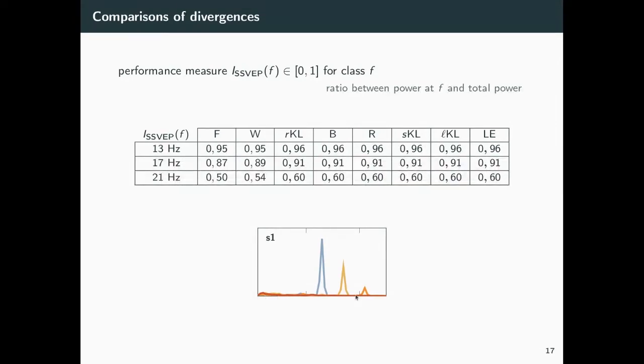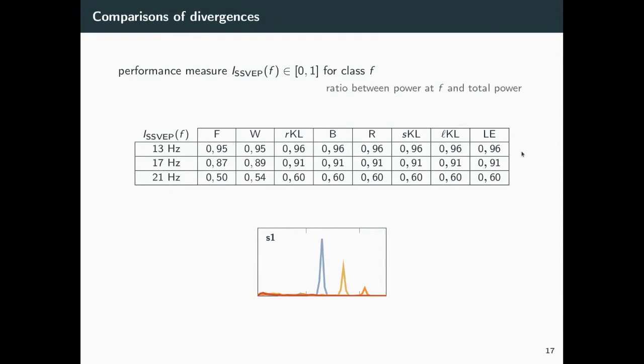What we can see with this performance measure is that for the 13 Hertz condition, we have very good results for every method.